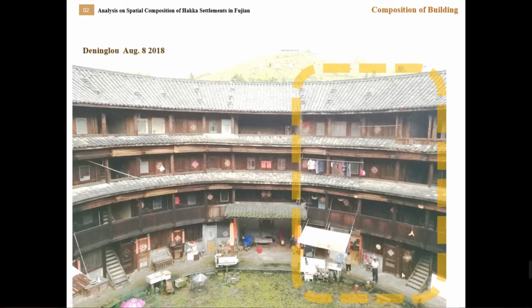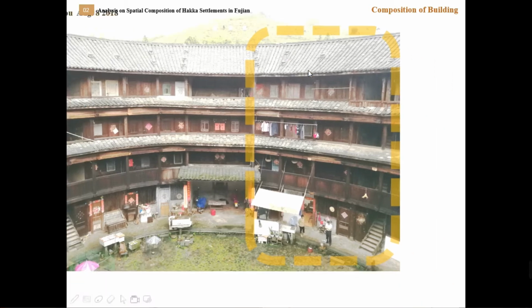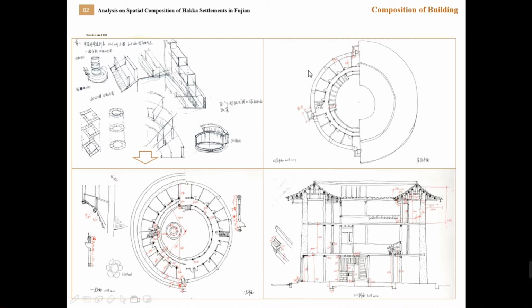Okay, here comes my favorite one, the composition of the building. This Tulou is a circle Tulou, which is next to my home. It's a typical Hakka Tulou with a corridor on each floor. And this is what I investigated and drew.